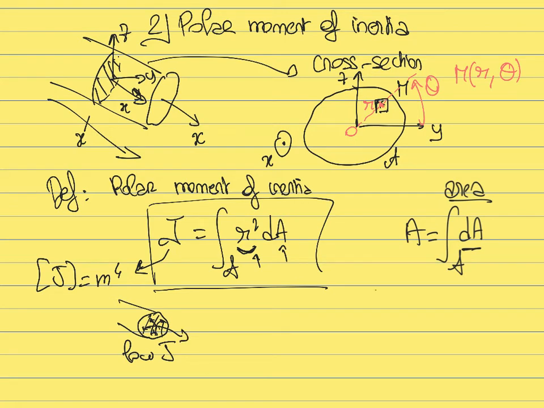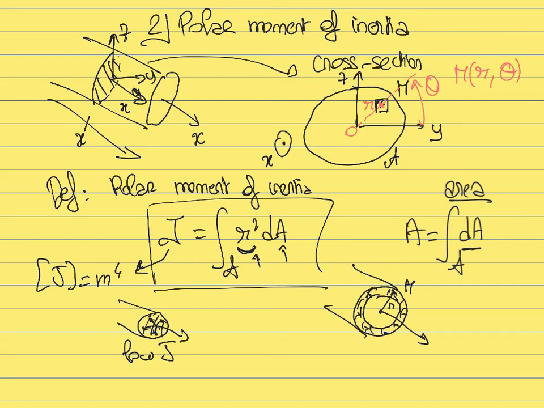On the other hand, if you have a beam that is like this with a cross section that would be like this, and then the shaft looks like this. Now if you look at what would be the polar moment of inertia of this beam, if you take all the points M within the cross section of this beam, then all those points M have a high distance r from the center of this cross section, which means that when you calculate the moment of inertia, all the points M over which you are summing to calculate this integral, they all have a high distance r from the center.